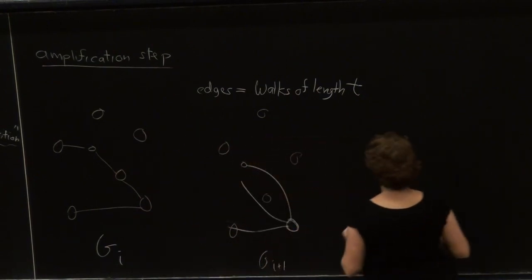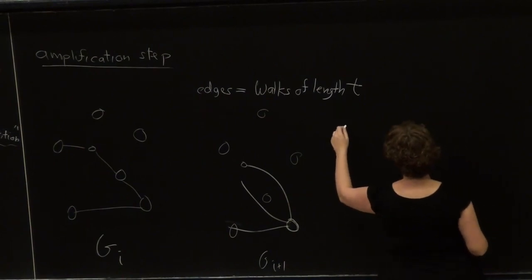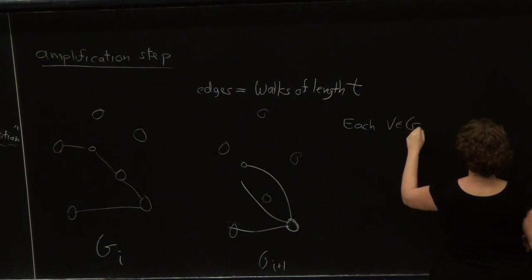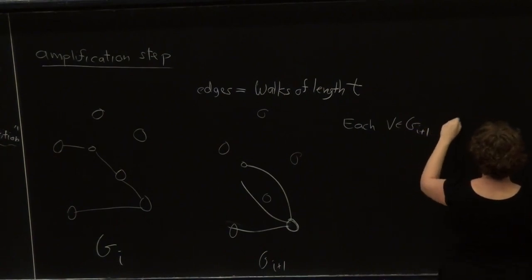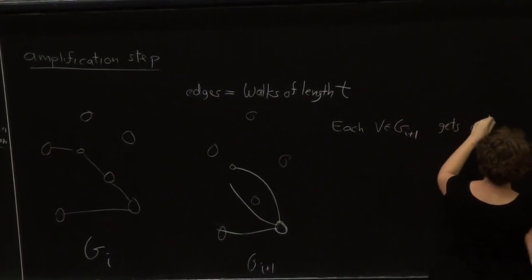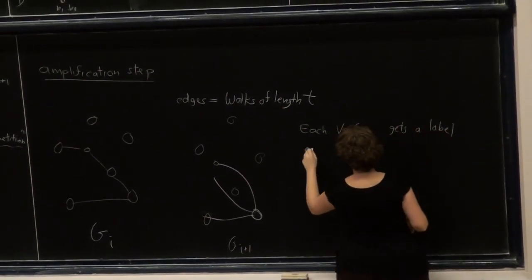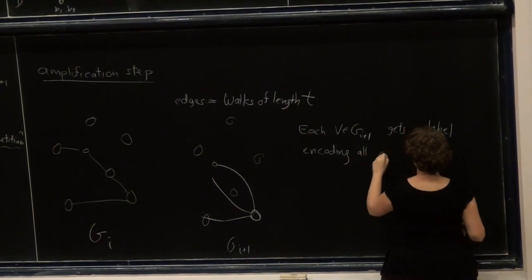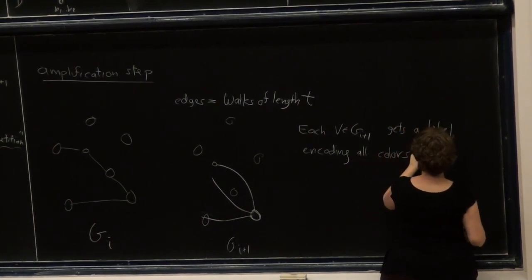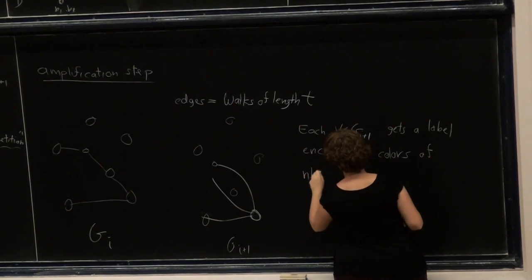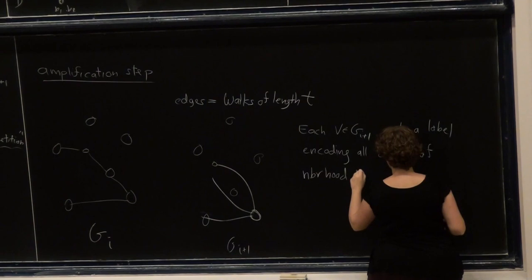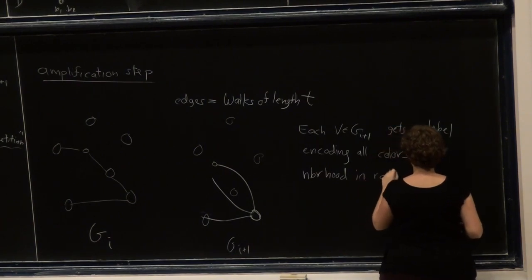Each v in G_{i+1} gets a label encoding all colors of the neighborhood in radius t.